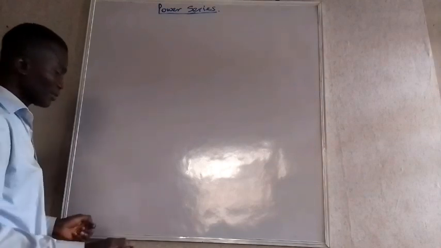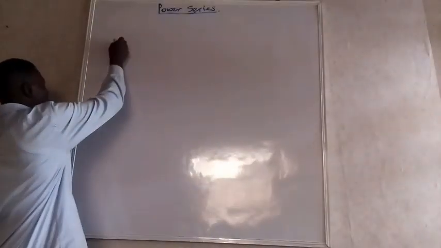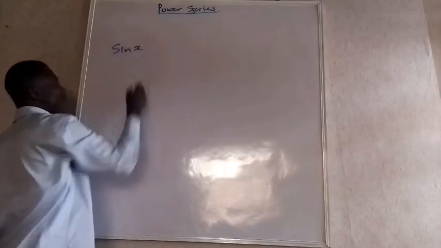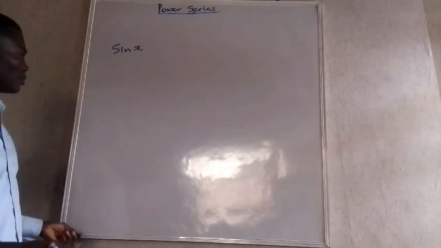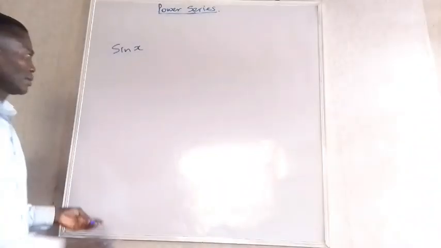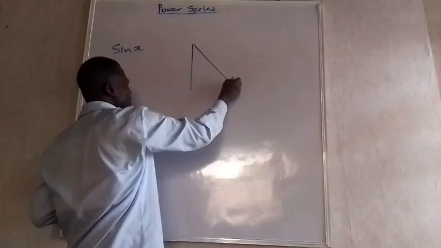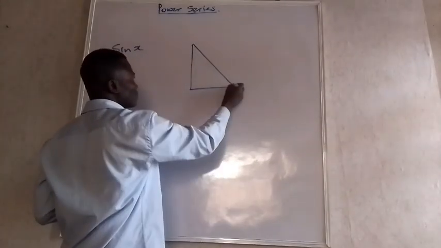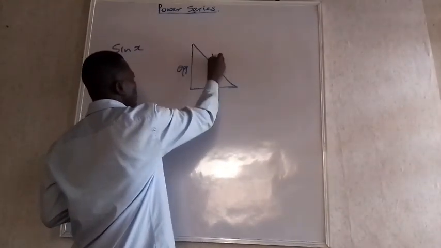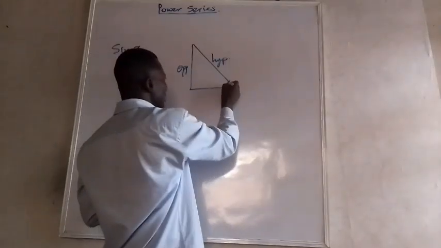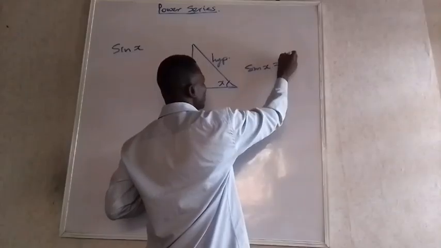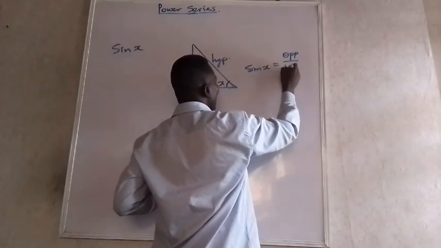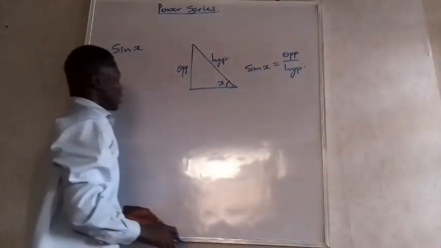Like when we say, okay, we have sin x, I want to express it in terms of x. It's not that easy to connect. We have sine generally from this place: opposite, hypotenuse, and this is the angle we are talking about. And we are saying that sin x is equal to opposite over hypotenuse. This is a ratio.